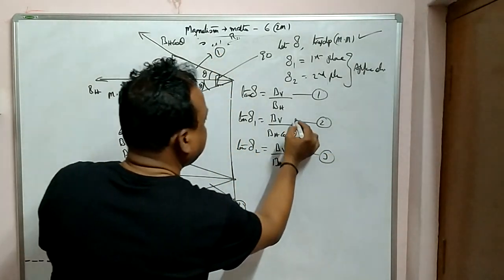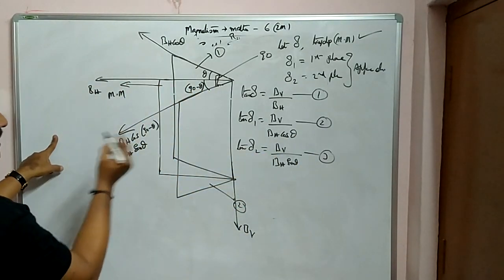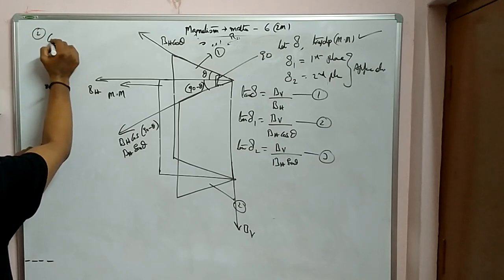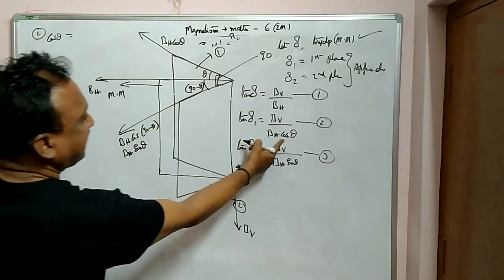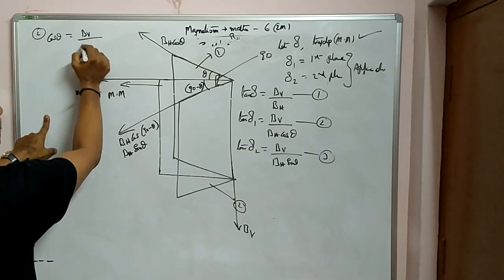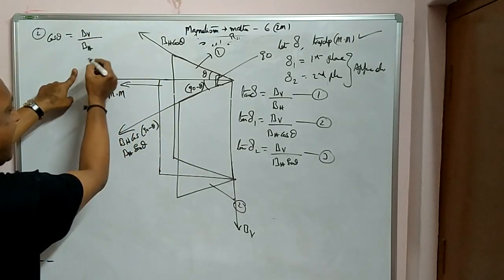Now observe these equations carefully. What we'll do is separate sin theta and cos theta. In equation 2, what is cos theta? cos theta is BV by BH tan del 1.